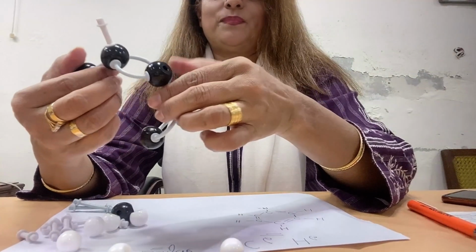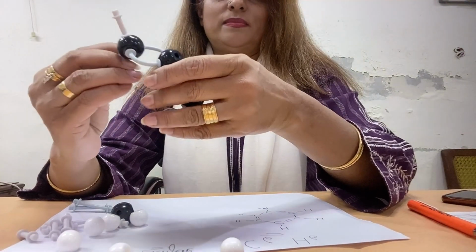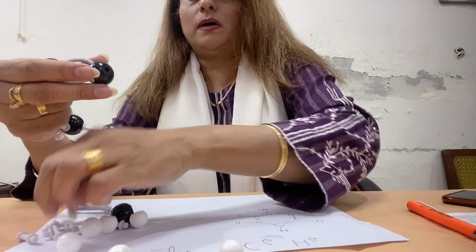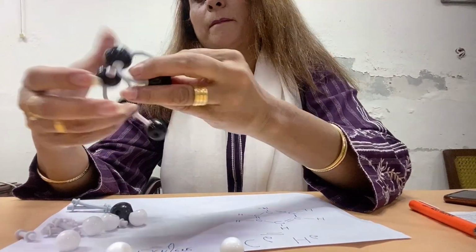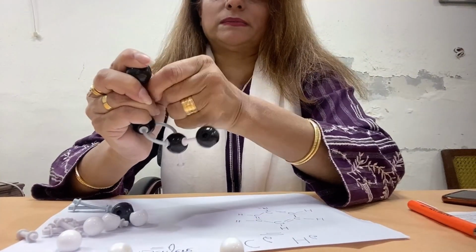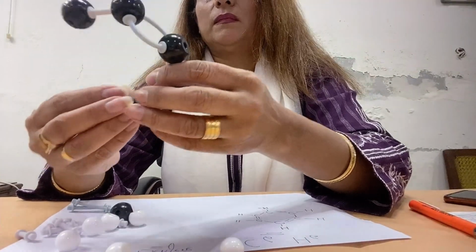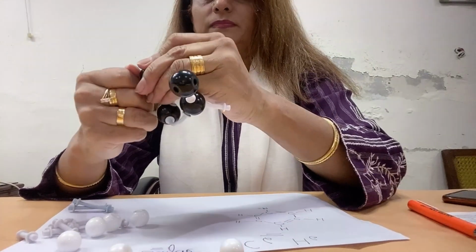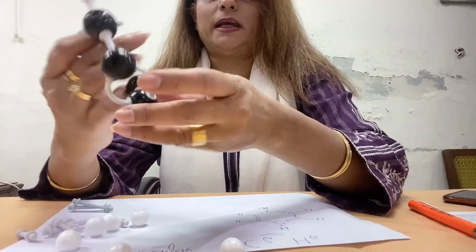And then by a single bond. Again a carbon atom, and now again a double bond, as it has alternate double bonds.